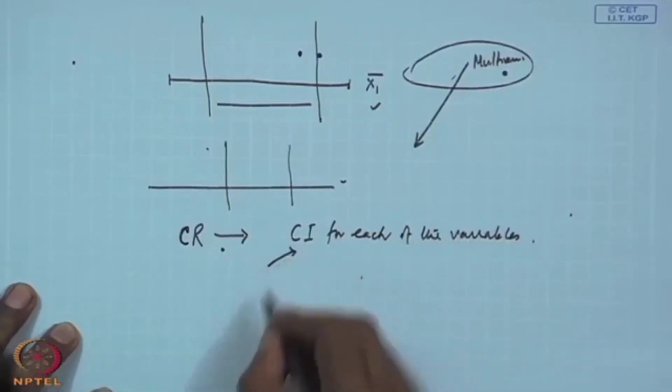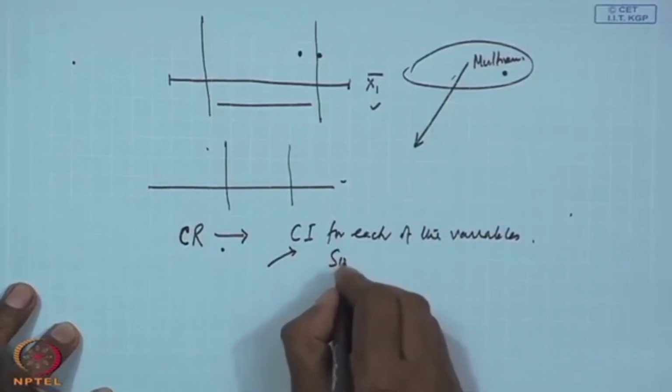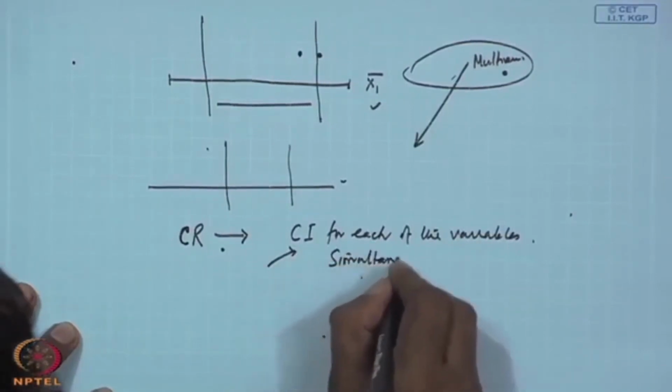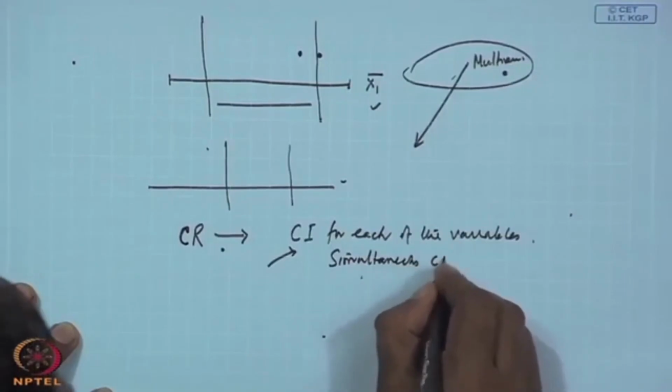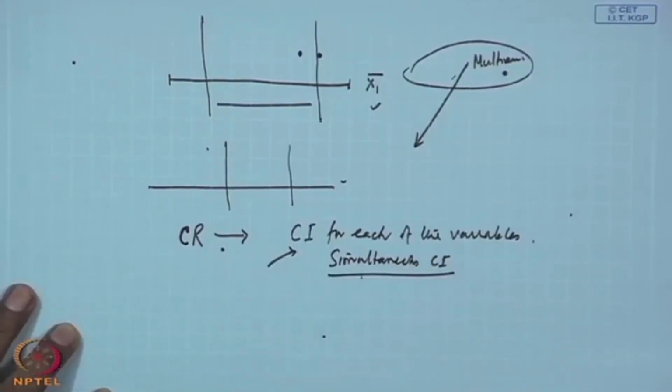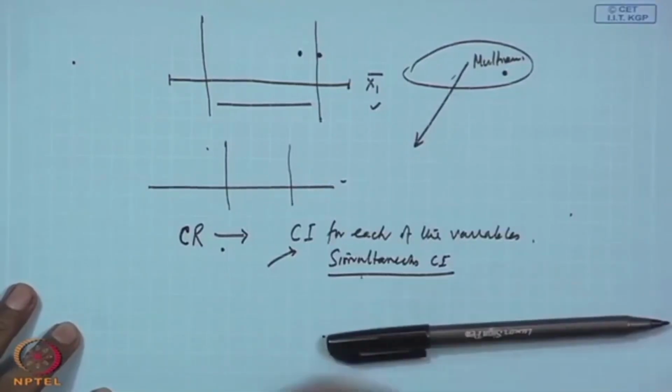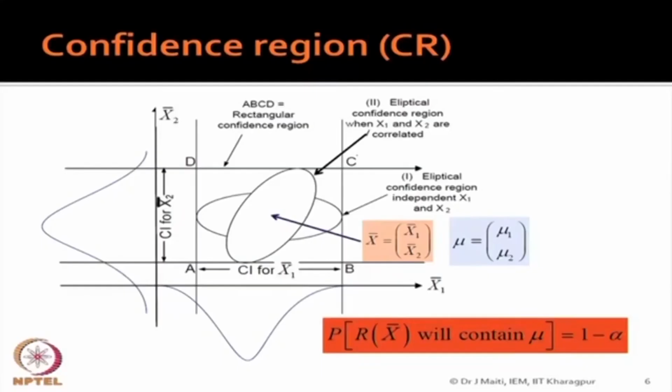That is what is known as simultaneous confidence interval. I will discuss this, but before that I want to do a little more on confidence region.